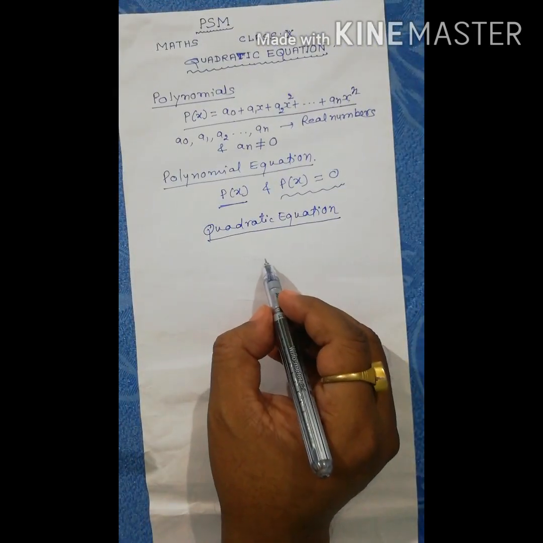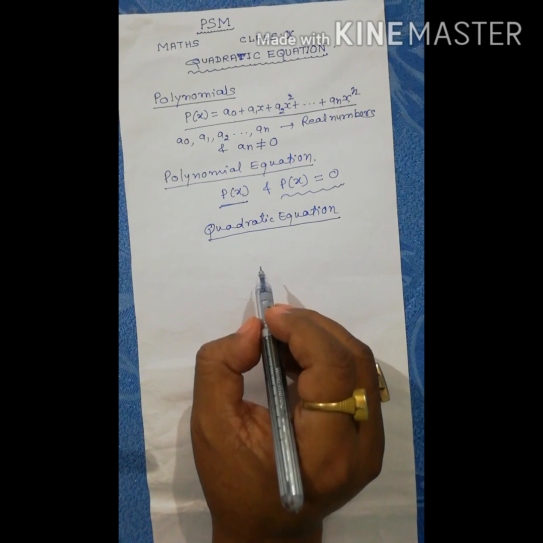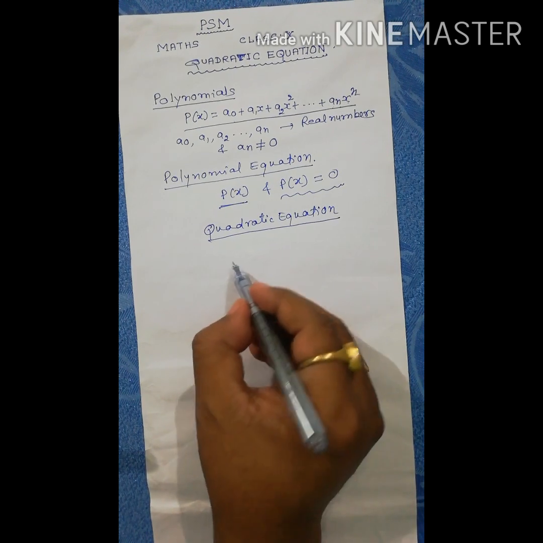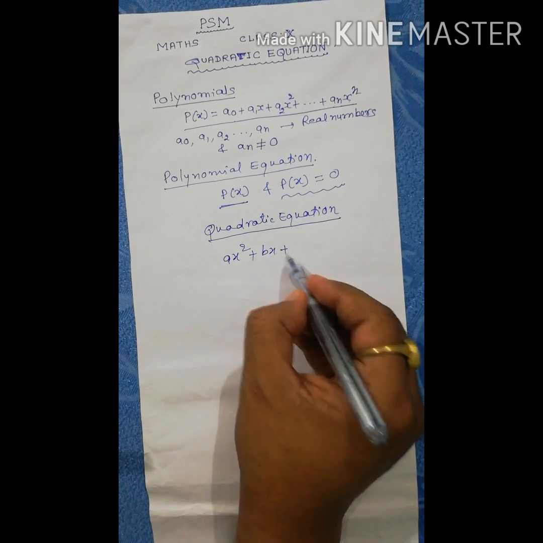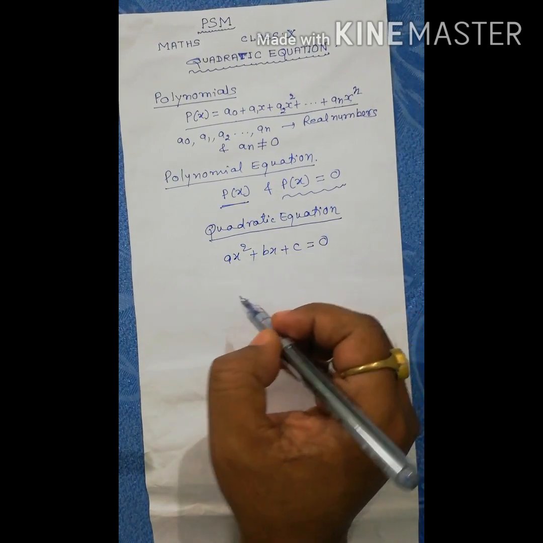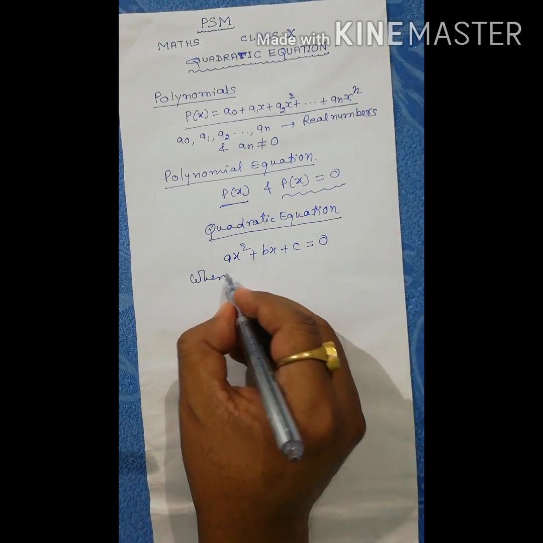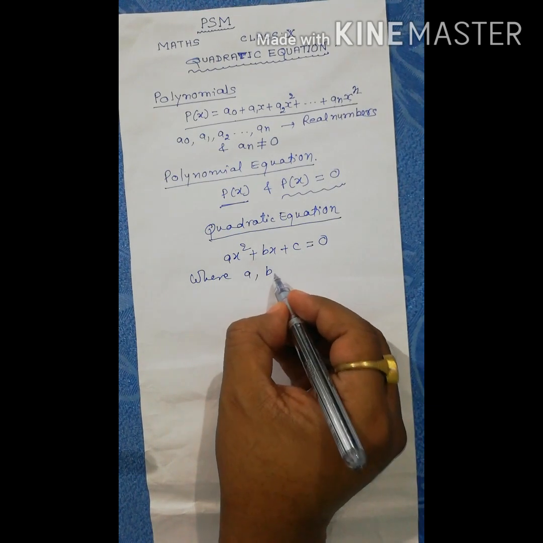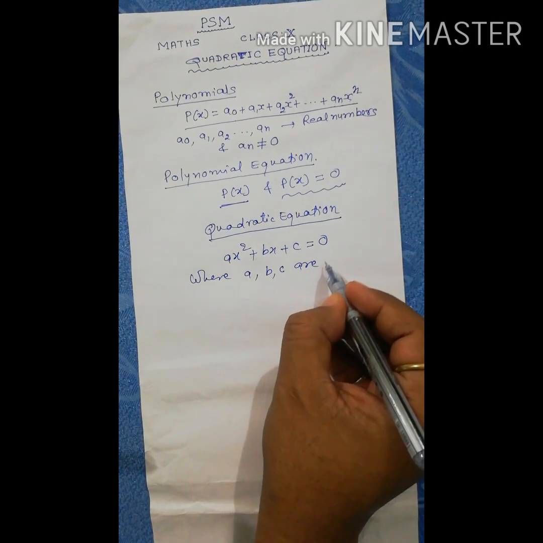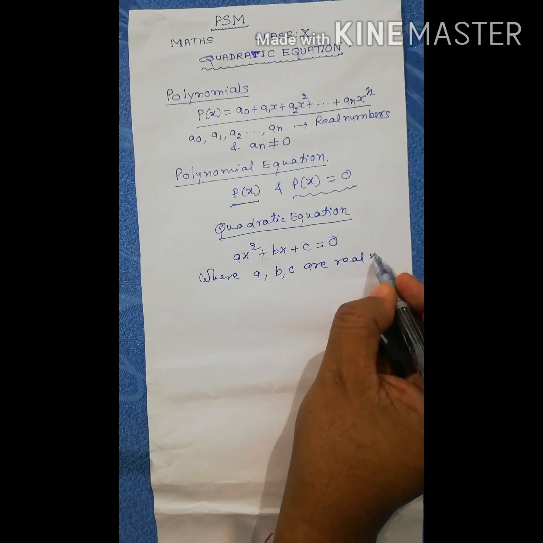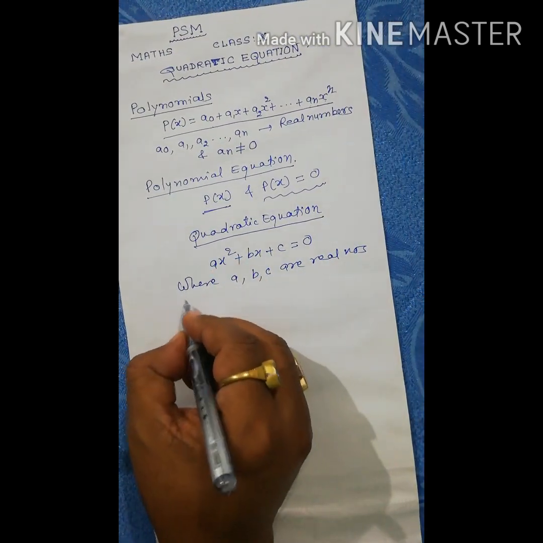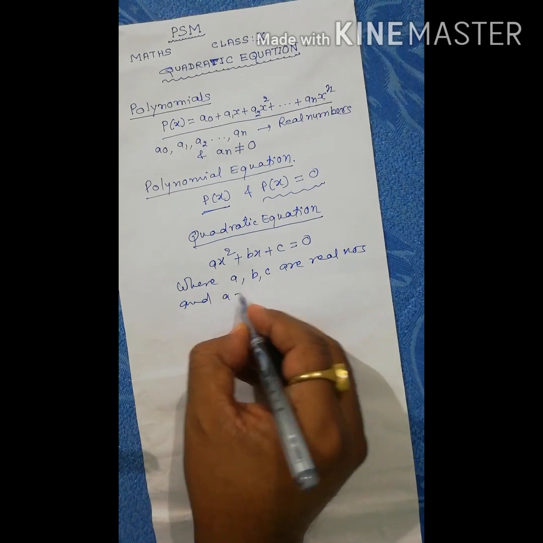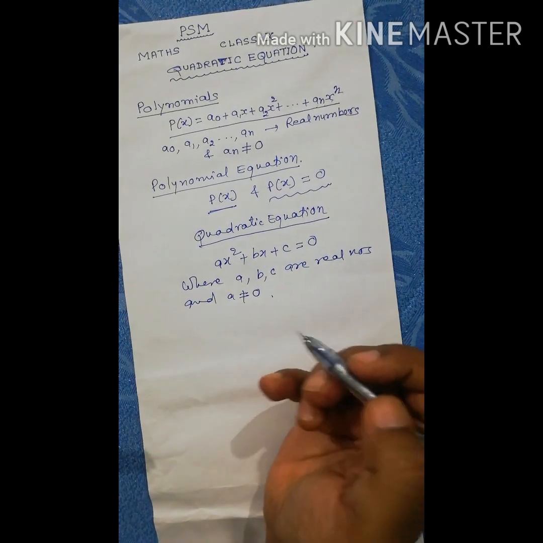A quadratic equation in the variable x is an equation of the form ax² + bx + c = 0, where a, b, c are real numbers and a is not equal to 0.